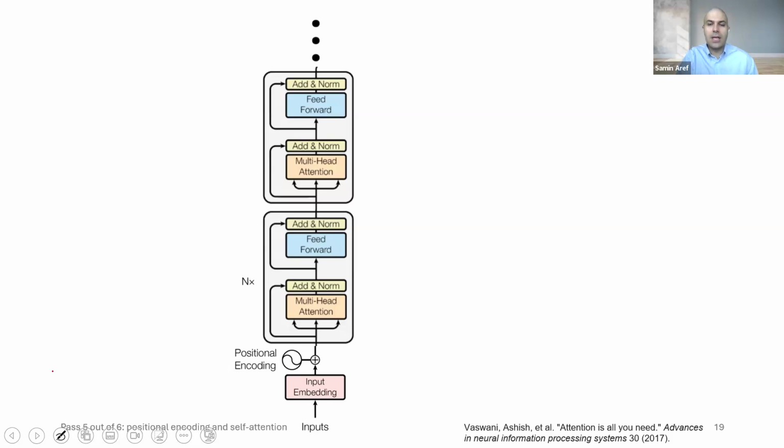So for the same reason that we may need deep neural networks for handling certain tasks, here also for language modeling, they needed to include multiple encoders. So they went with 12 and 24 for BERT base and BERT large.